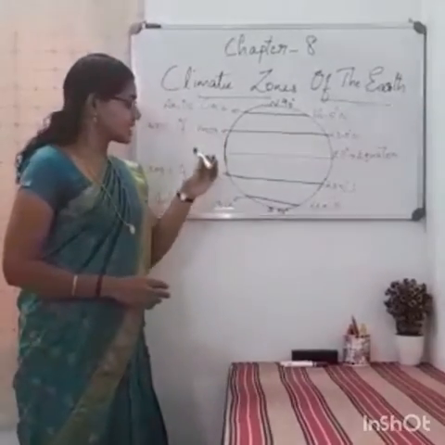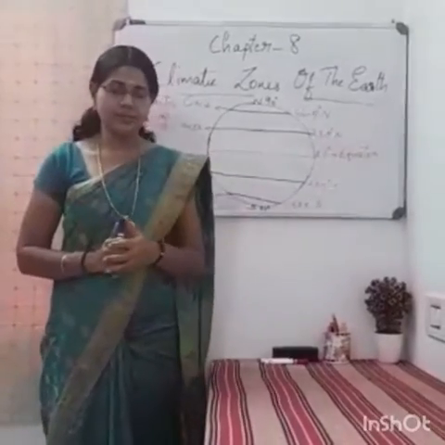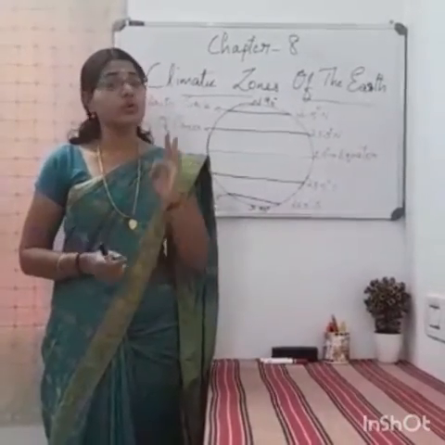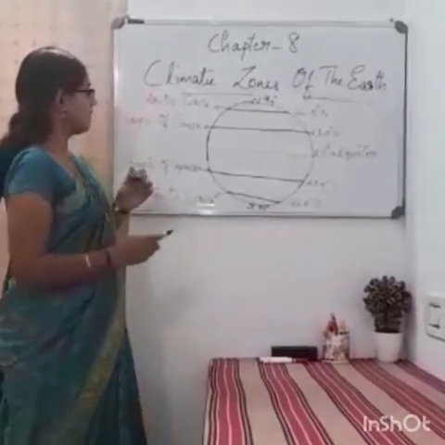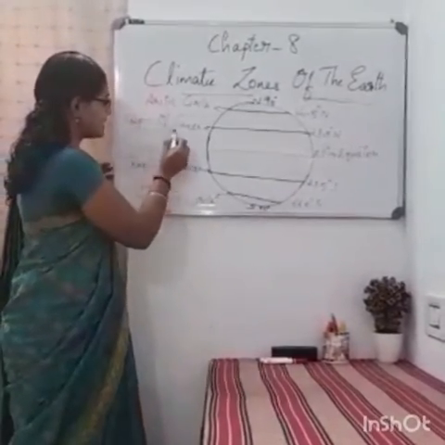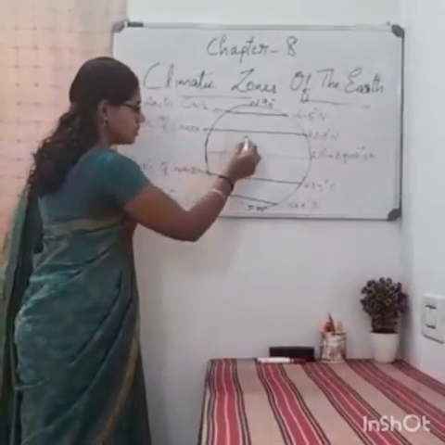So based on these latitudes and overall climatic pattern of the Earth, the world can be divided into three major heat zones.